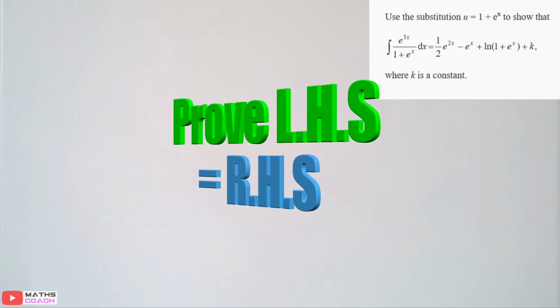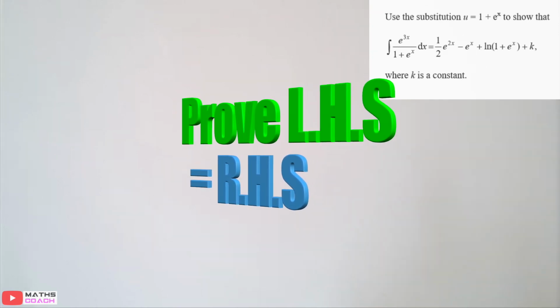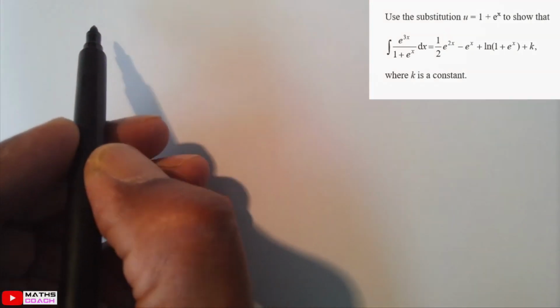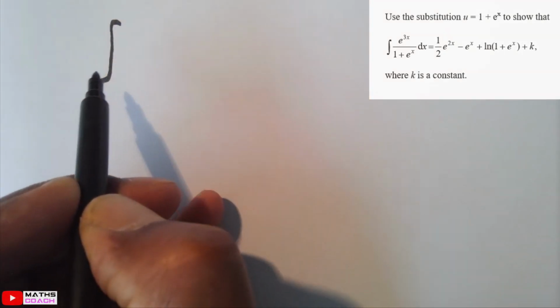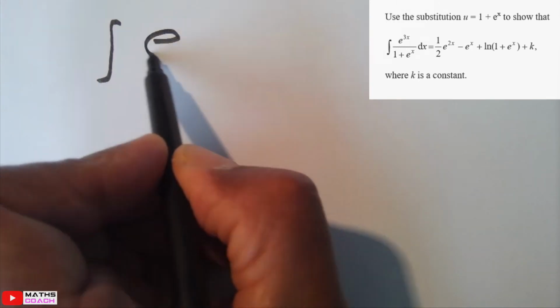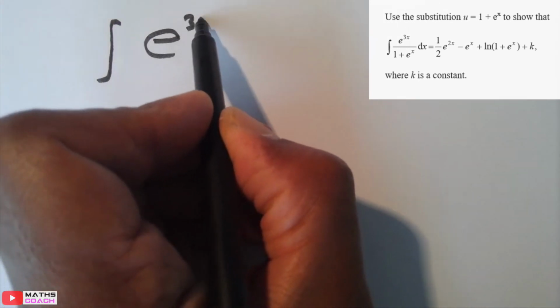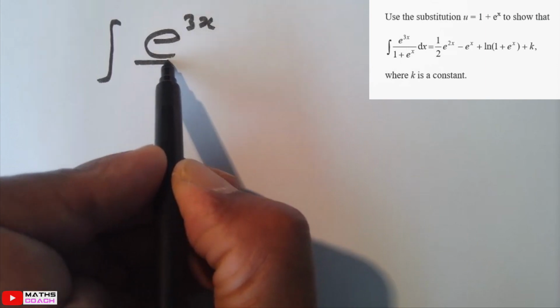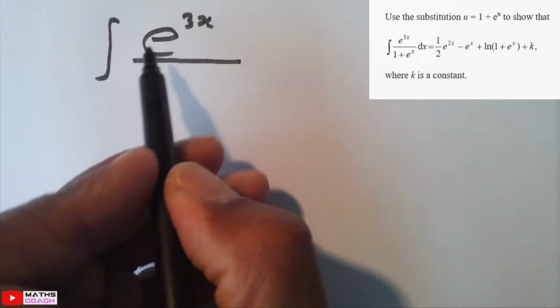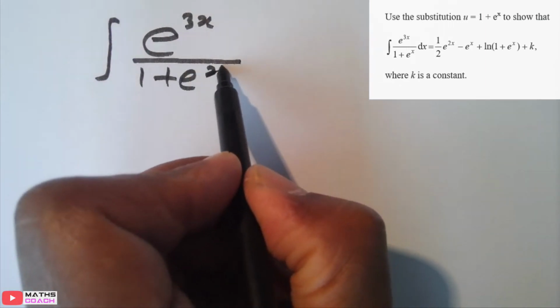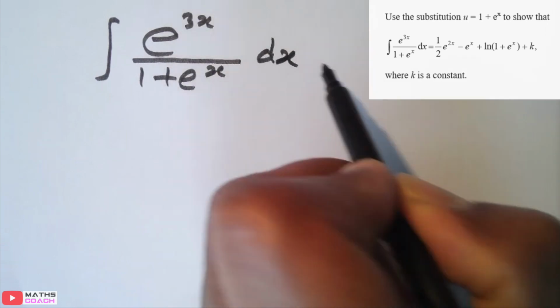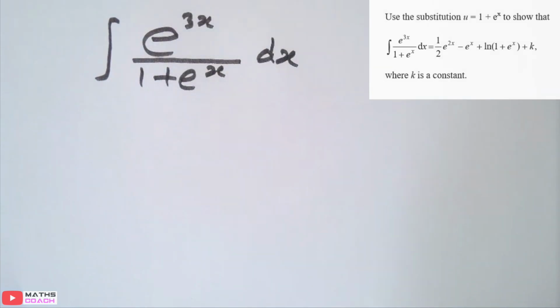We need to prove the right hand side. So we need to start off by writing out our question. We're going to start off with the integration of e to the 3x over 1 plus e to the x dx, and we have our substitution.